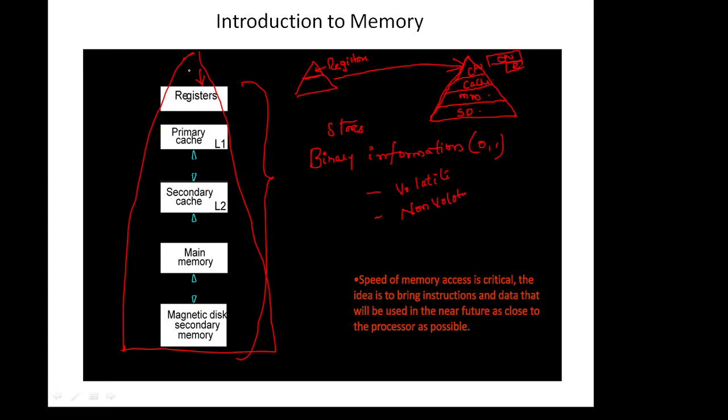Only a limited amount of information can be stored in the registers. Next one is the cache. In the cache you have L1 cache and L2 cache. When we talk about the L1 cache, this is located on the processor chip only.